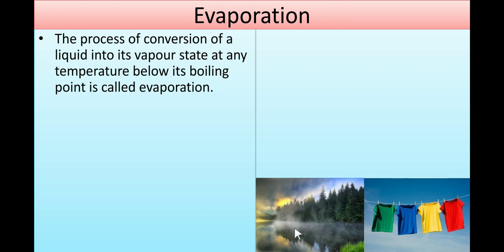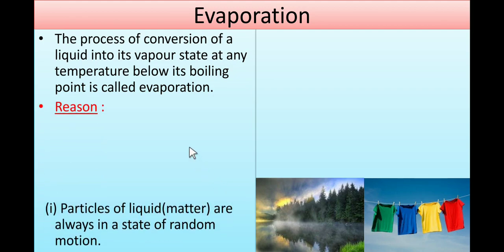By evaporation, the substance is also changing state, that is, from liquid to gaseous state. But the process is very slow and it occurs well below its boiling point. So it is called evaporation. Here, drying wet clothes is also evaporation.